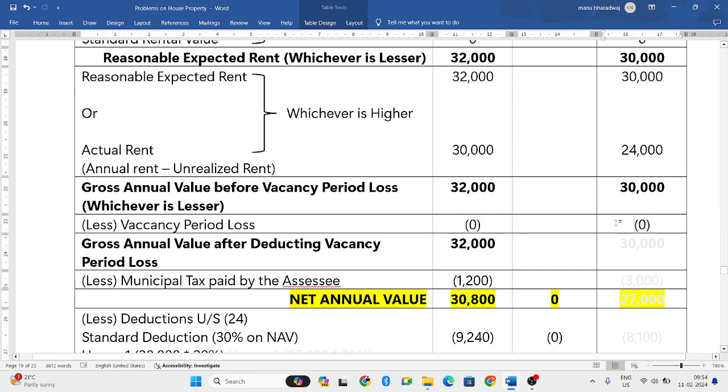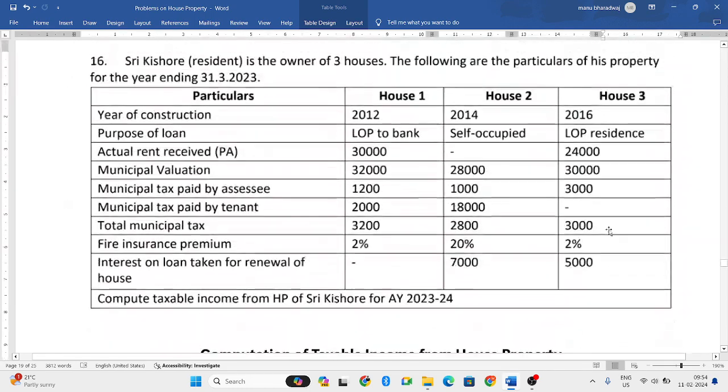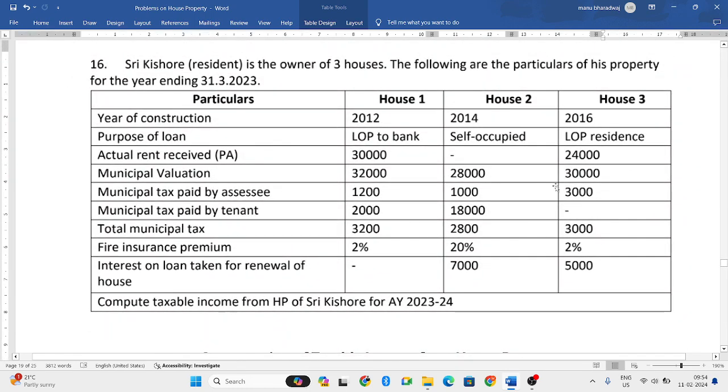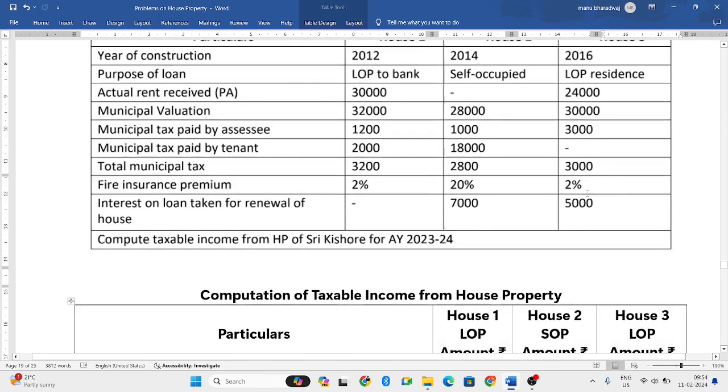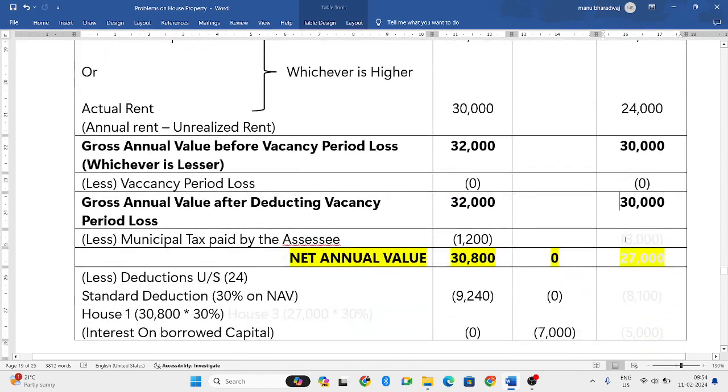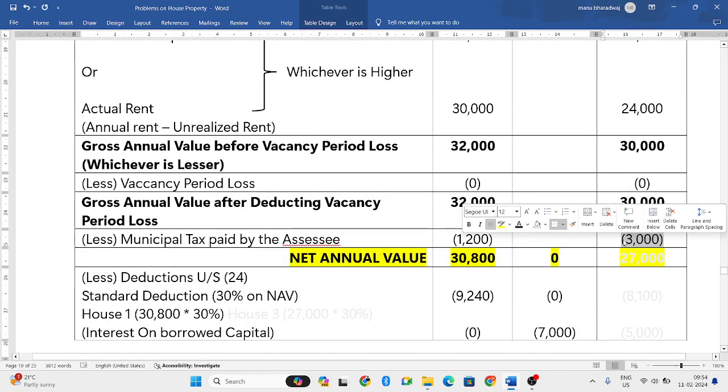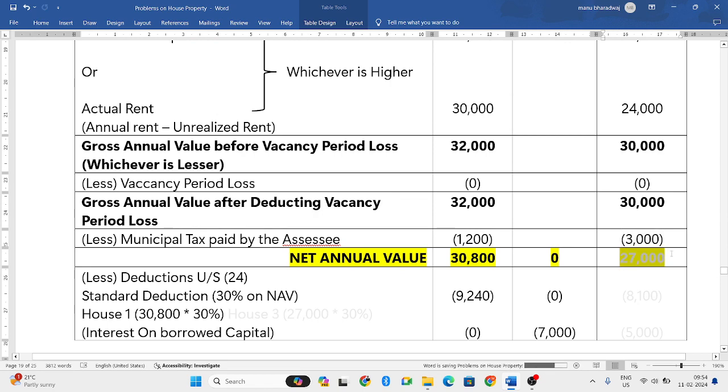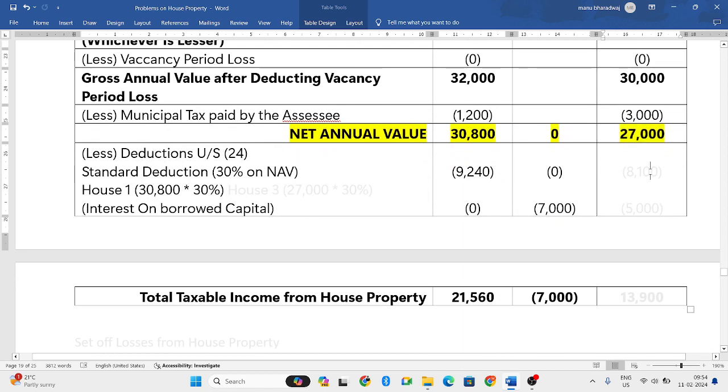There is no vacancy period loss, so it will be 0. After that, we get GAV after deducting vacancy period loss, that is 30,000. From that, we have to reduce the municipal tax paid by the assessee. For this house, he has paid 3,000 as tax. So I will deduct that 3,000. The remaining 27,000 will be net annual value.